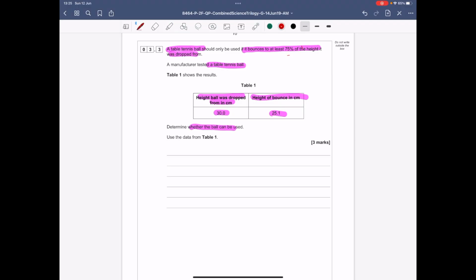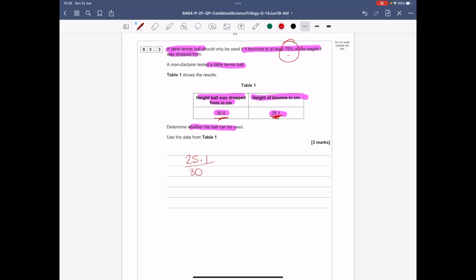Okay, so what we've got to know is whether it bounces more than 75% of the height. So this is a percentage question. We want to know what percentage 25.1 is out of 30. So when you do a percentage, it's always the smallest one divided by the biggest one.